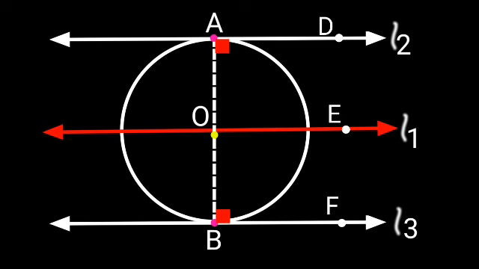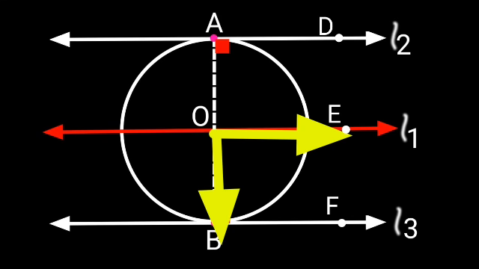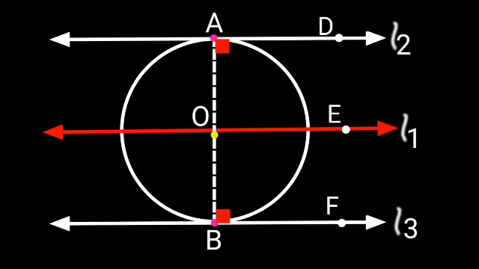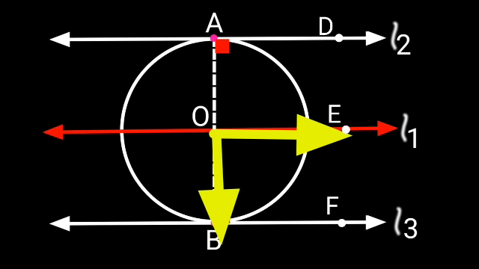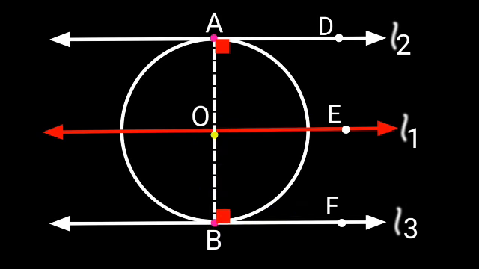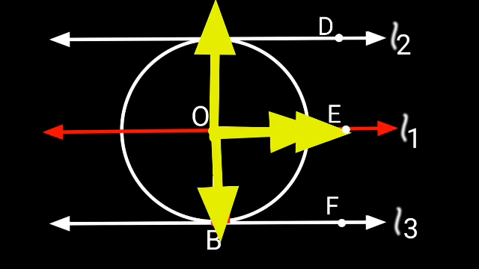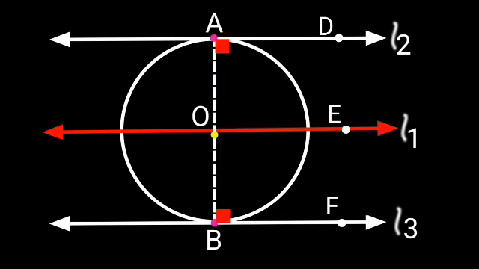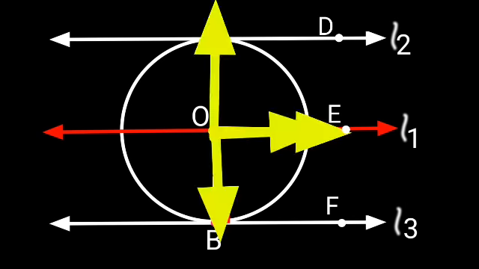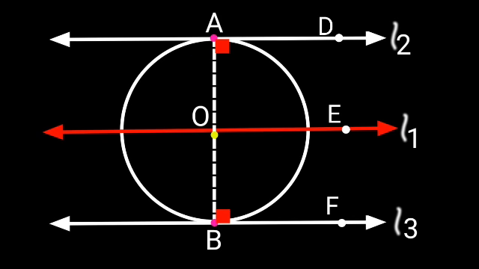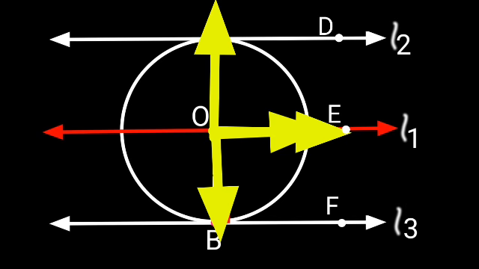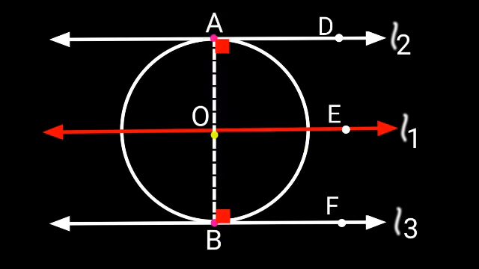Near point O there is also 90 degrees, and at B it is already 90 degrees. In this condition, angle AOE is equal to 90 degrees and angle BOE is also equal to 90 degrees. The addition of these two angles is 180.